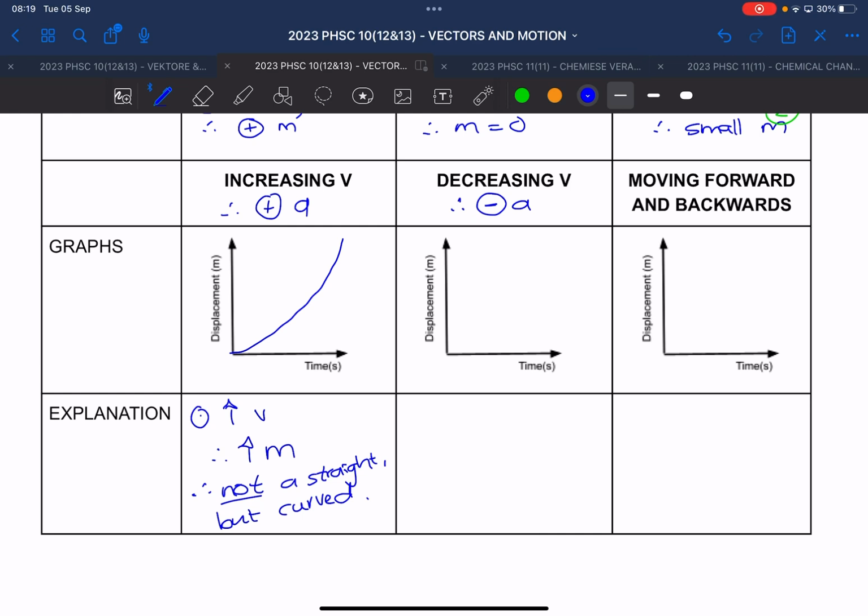No, so decreasing speed is me, I'm still running forward, but I'm just slowing down. So it doesn't go in the opposite direction. Yes, mooi. So it's going to curve like that. A decreasing velocity means a decreasing gradient. The gradient becomes smaller. So it's curved downwards.